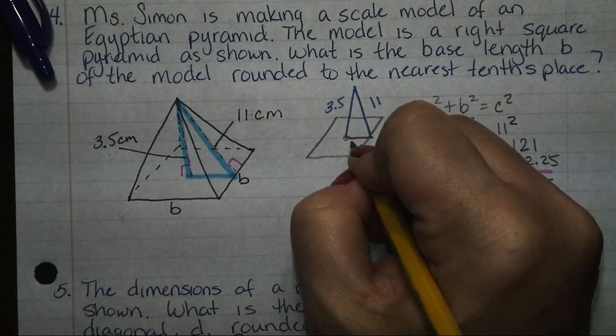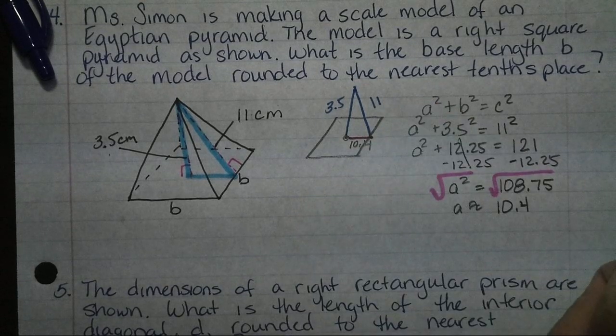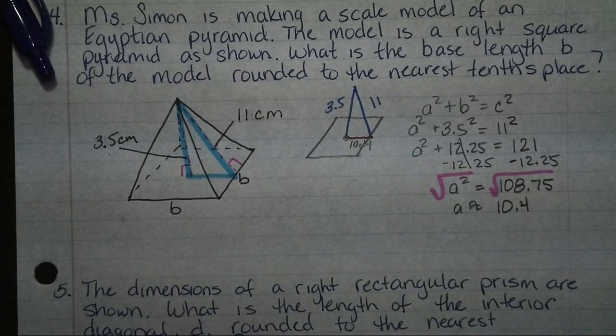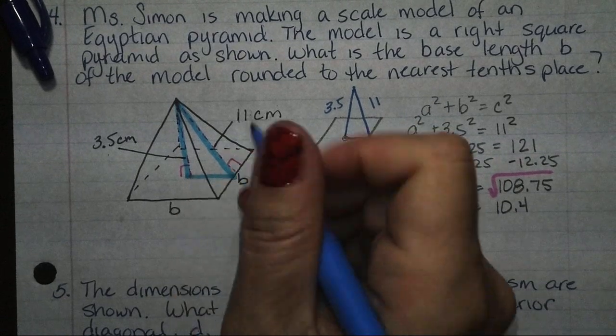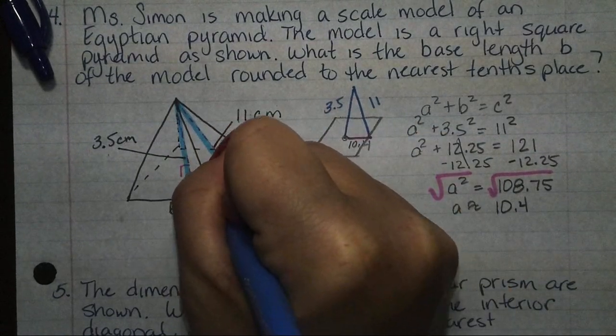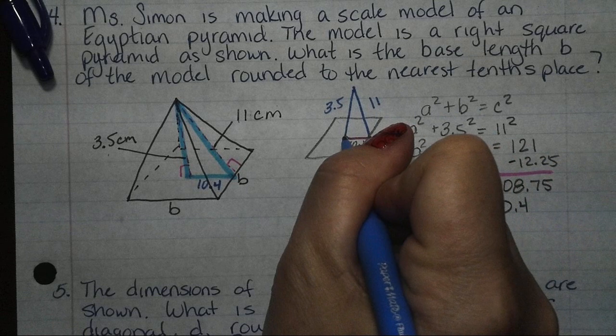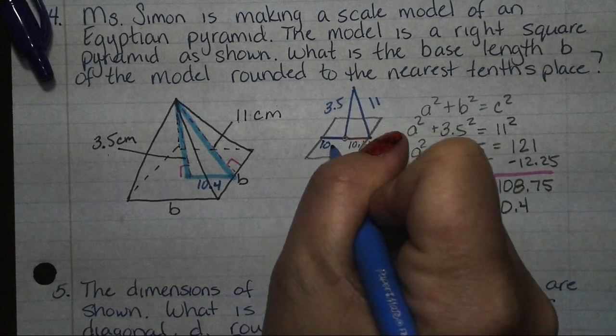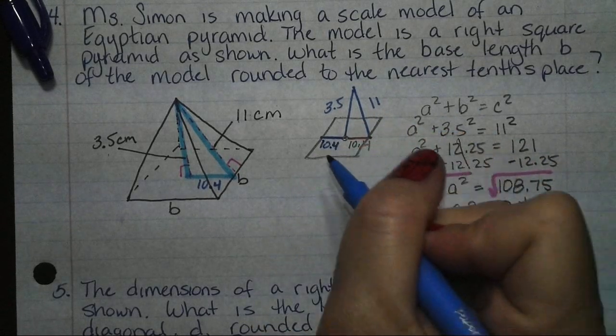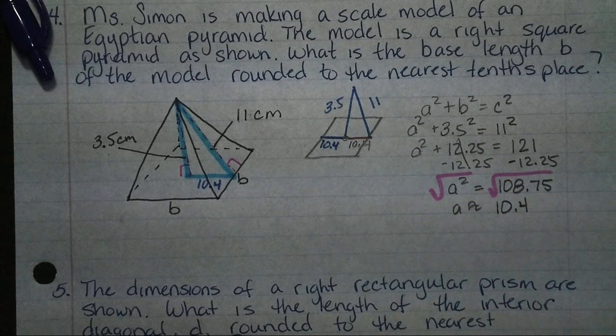Okay, so now what did we find? We found that this measurement right here is 10.4. So if we know from here to here is 10.4, that means we also know from here to here would be 10.4. So then we could add them together, or another way of doing repeated addition is multiplying.